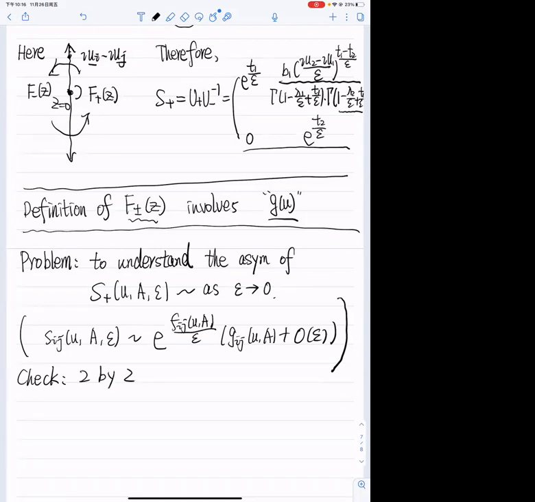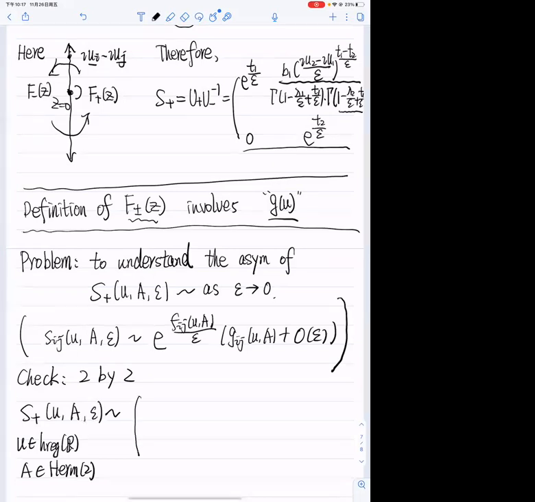Since U is real diagonal, and A is a 2x2 Hermitian matrix in this case, using the known properties of the gamma function, one can easily compute the asymptotics and show that the asymptotics is indeed of exponential type.